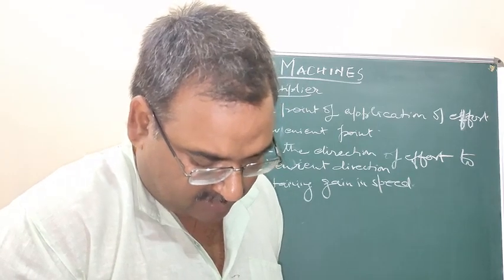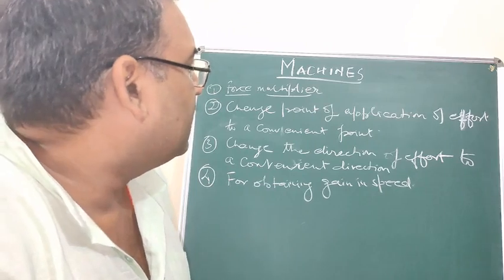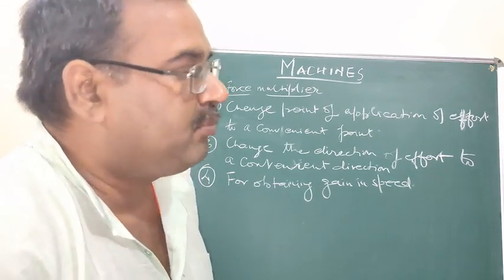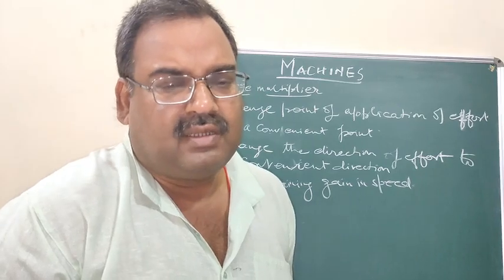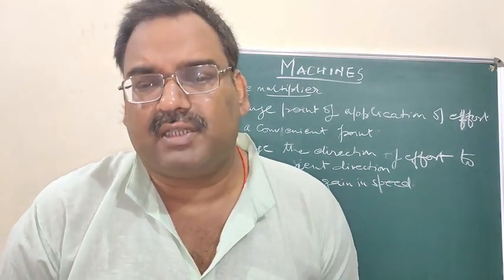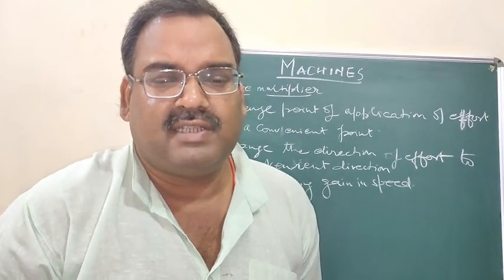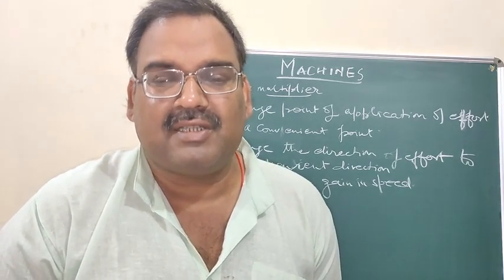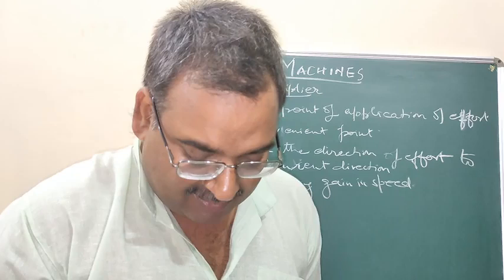The second one is to change the point of application of effort to a convenient point. You all ride a bicycle. The rear wheel of the bicycle is to be rotated. You must have seen that the rear wheel of the bicycle is connected by a chain to a toothed wheel, and on the toothed wheel we have got a pedal.